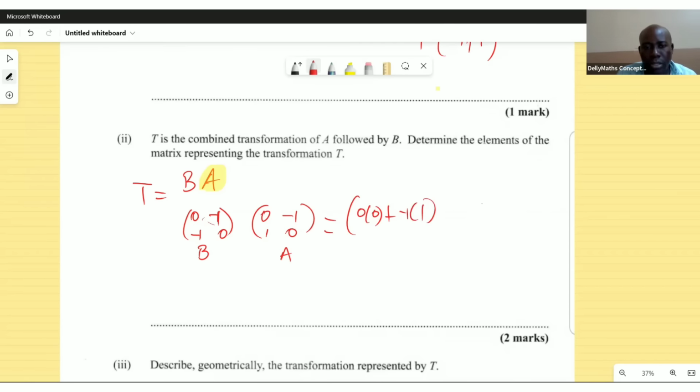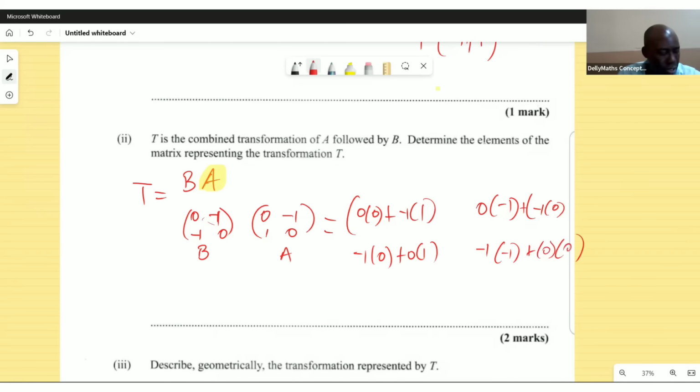Then 0 times negative 1 plus negative 1 times 0. Underneath now, negative 1 times 0 plus 0 times 1. And then negative 1 times negative 1 plus 0 times 0.